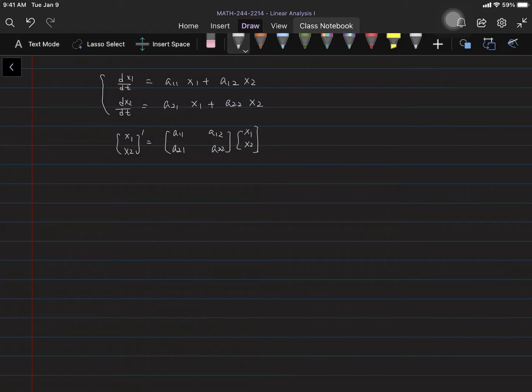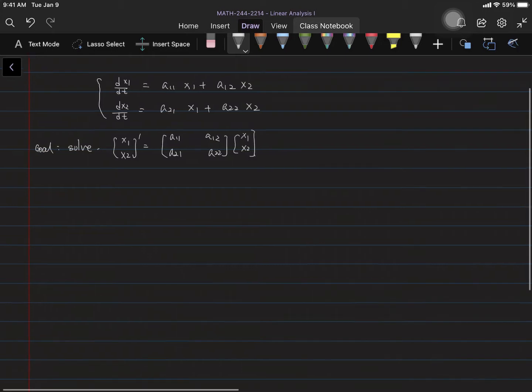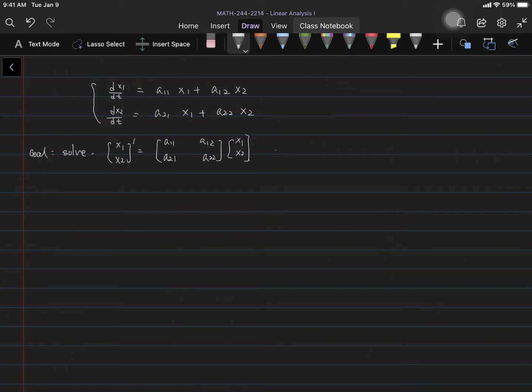We want to solve this linear system, but x1 and x2 are mixed together. It's pretty difficult to solve. So we want to transform it into another linear system, with a diagonal matrix, like this one.